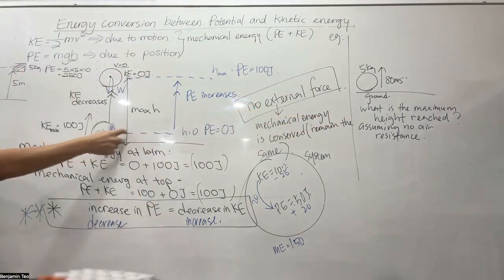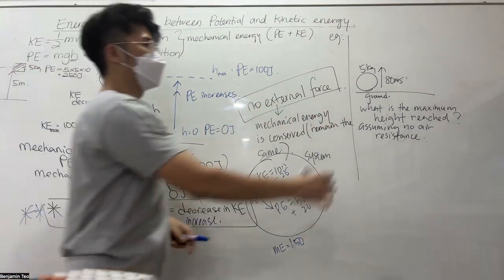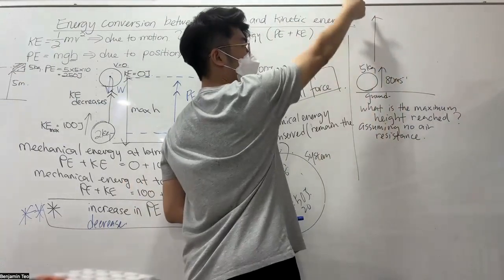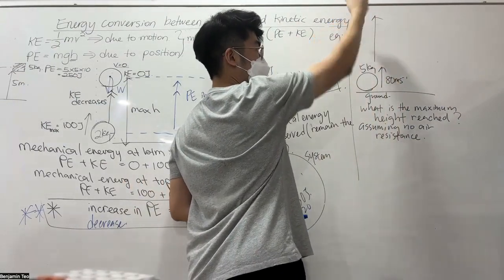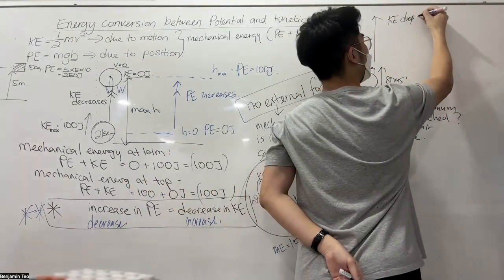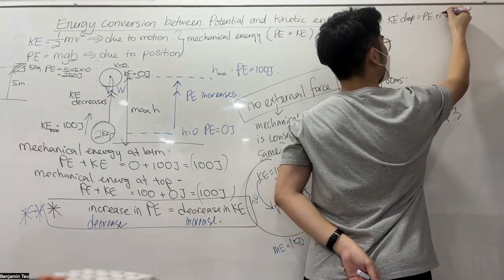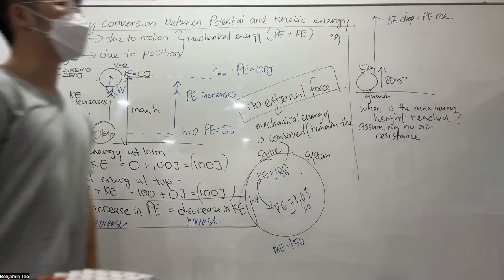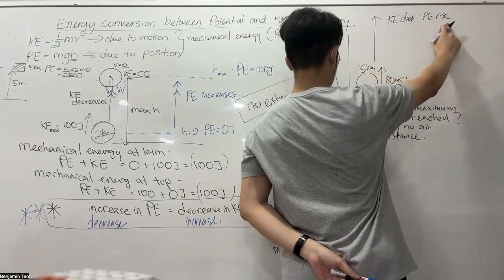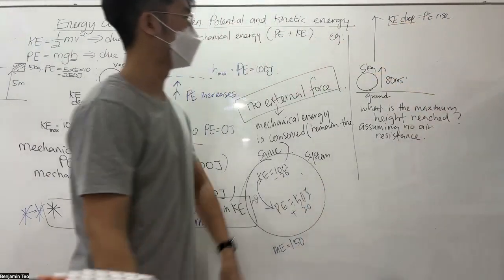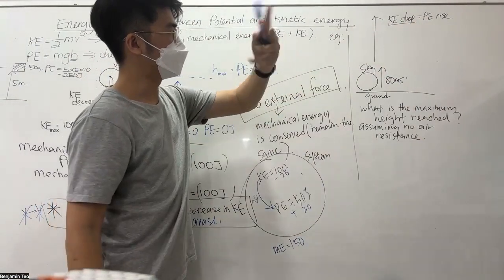Using the energy. I know going up, what happened to the KE? KE reduces. So if I start with KE, the KE drops and the PE rises. KE drop equals PE rise. How much is your KE drop?